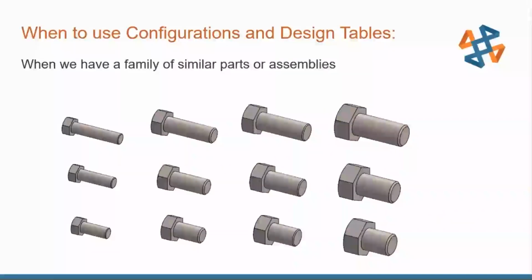Those are two different geometries there, but maybe a family of end wrenches would be a good example for configurations or any scenario where the models are, air quotes here, mostly the same, but ever so slightly different here or there. Now, what we'll look at today is kind of this family idea using design tables.